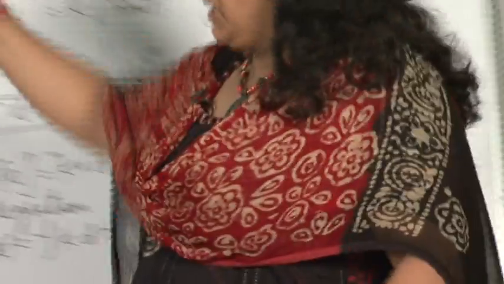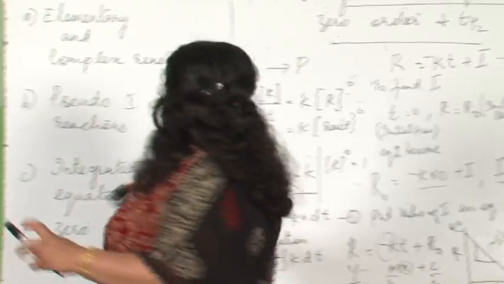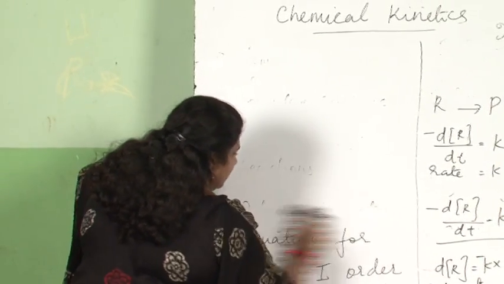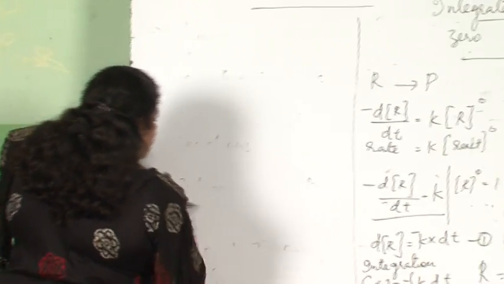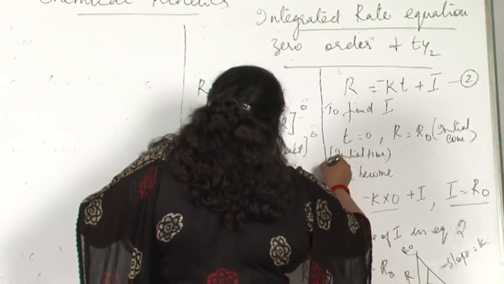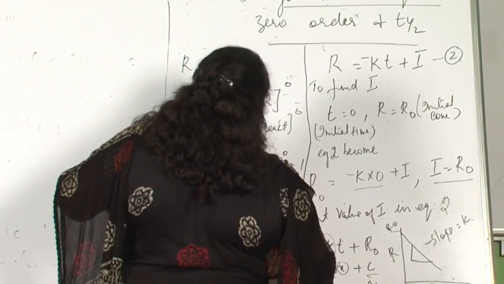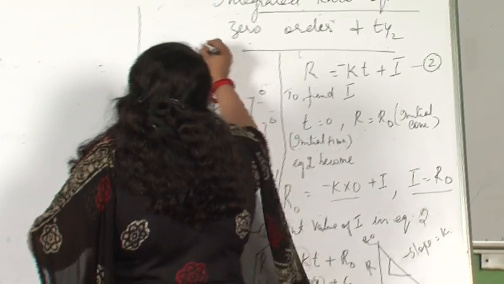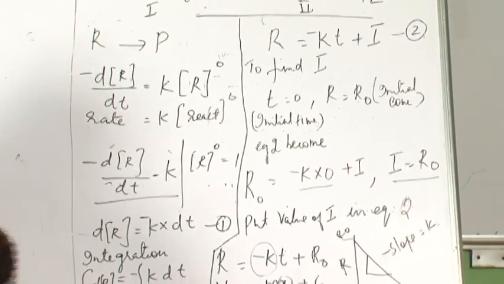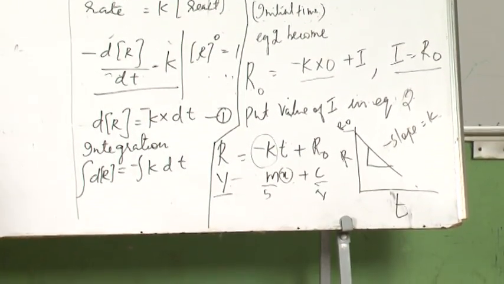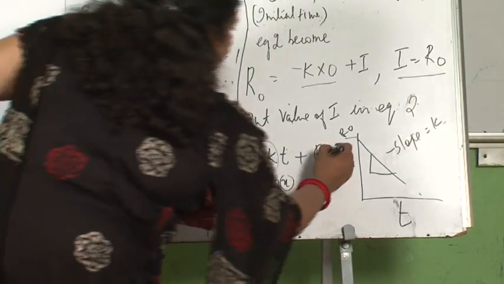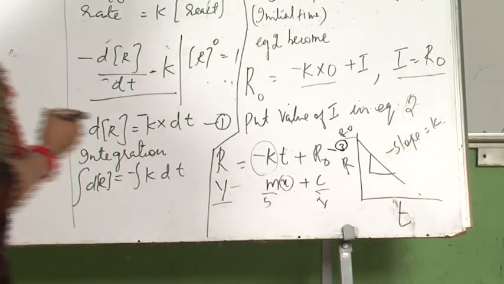I am continuing here, you can see. I will number it as columns 1, 2, 3 so that you will get the continuity. This is column number 1, this is column number 2, and here it comes column number 3. Now you see, this equation I am numbering as equation 3.